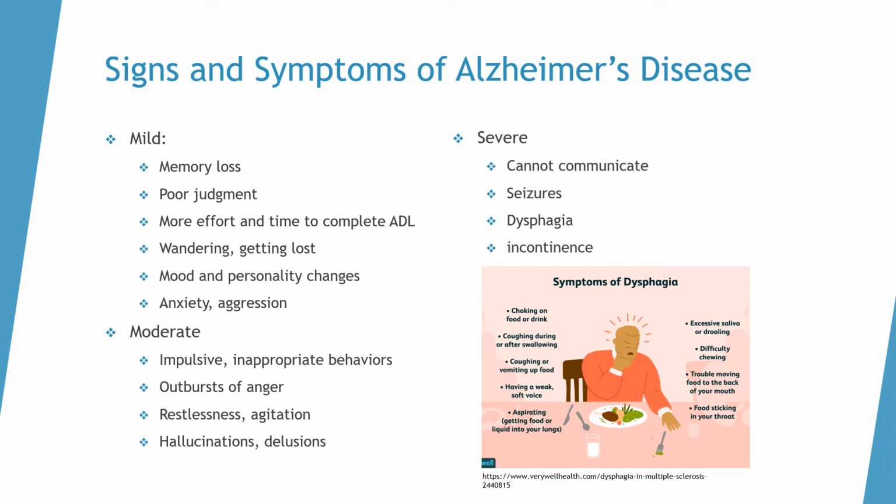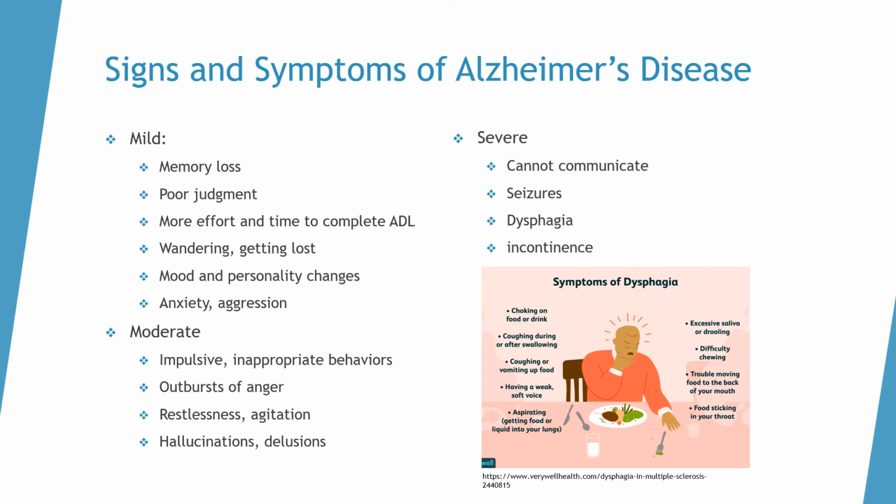In the moderate phase, the individual may become more impulsive and have inappropriate behaviors and let out episodes of anger outbursts. Restlessness, agitation, hallucinations, and delusions are some hyperactive signs observed in moderate phase.